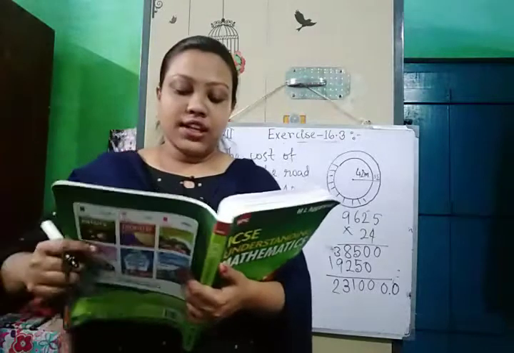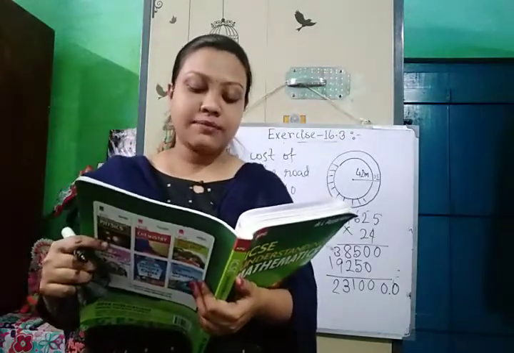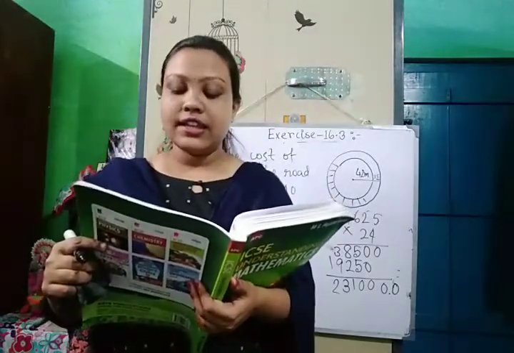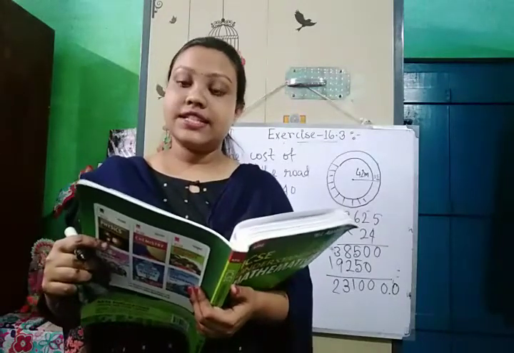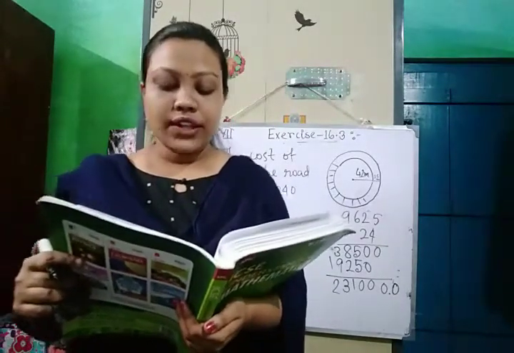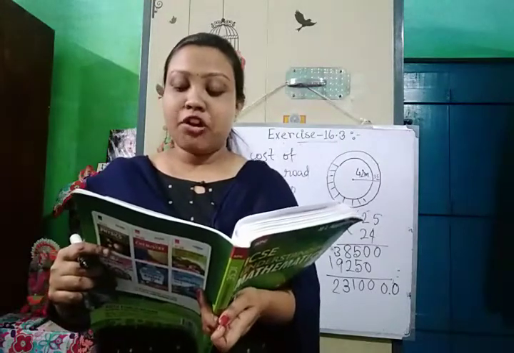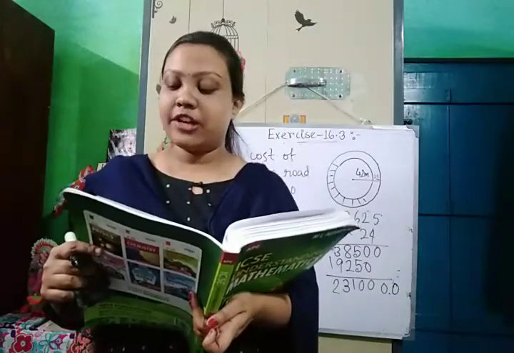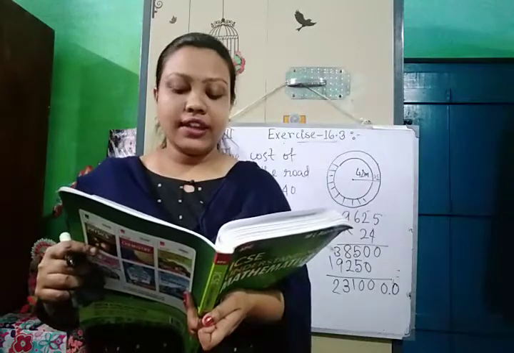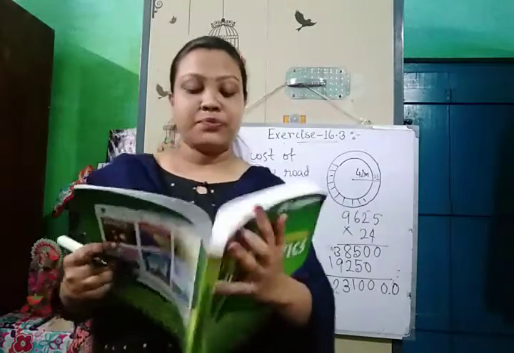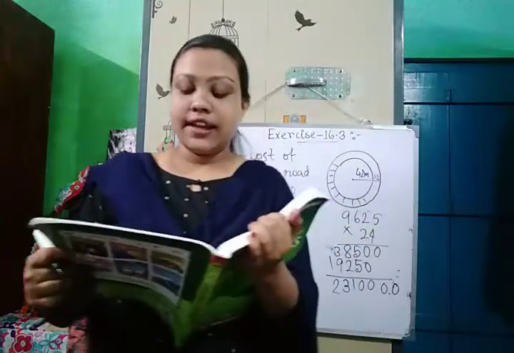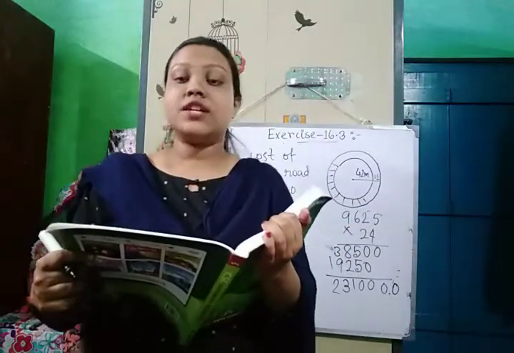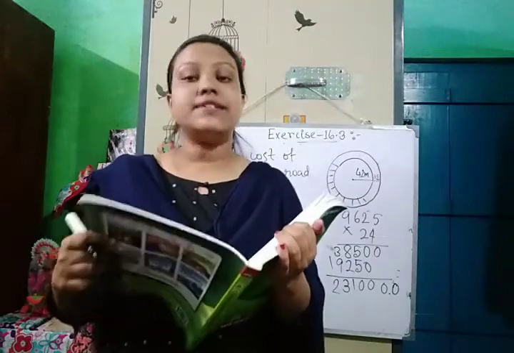Question number 21 is, if a wire is bent in the shape of a square, the area of the square is 81 centimeter square. When the same wire is bent into the form of a semicircular arc bounded by its diameter, find the area of the shape so formed. Okay, so what is the figure? Here it is asked that semicircular arc bounded by its diameter.